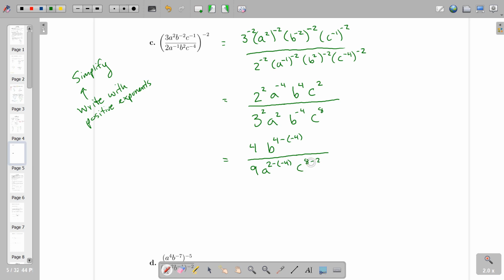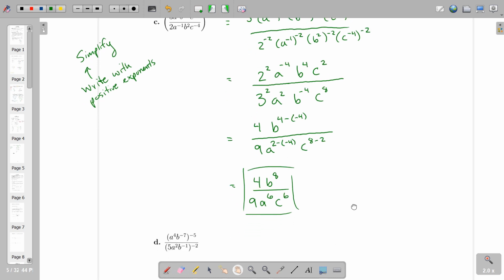C to the 8 minus 2. So that's really 4 plus 4, so 4b to the 8th over 9, a to the 2 plus 4 is 6, c to the 6th. Can't do any more simplifying, right? I have them all as one single variable to a power. 4 and 9 can't reduce at all, so that would be my final answer right there.